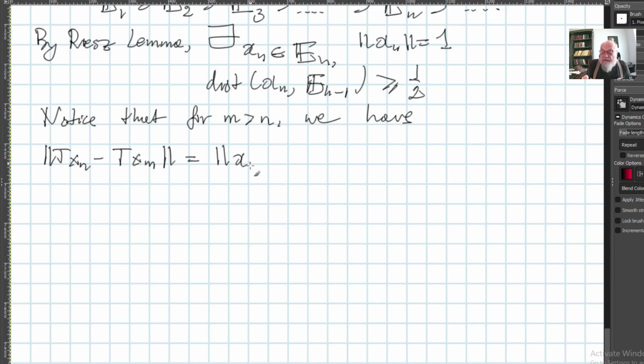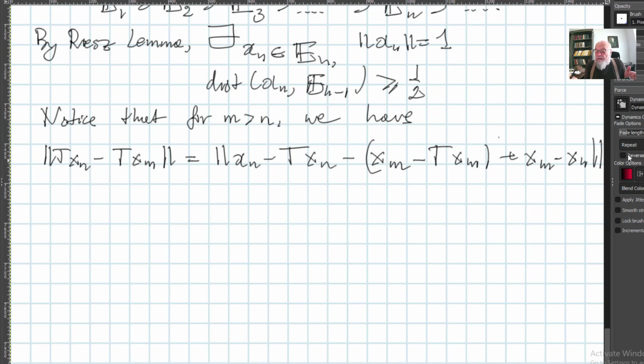So this will be the same as xn minus Txn, and this will be minus xm, and this one plus, so maybe put here a bracket minus Txn, and then plus xn. So this will be xn minus xm.